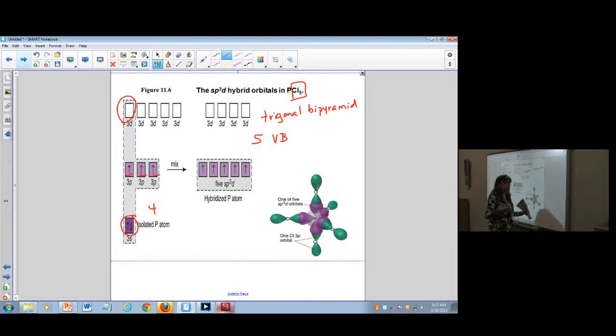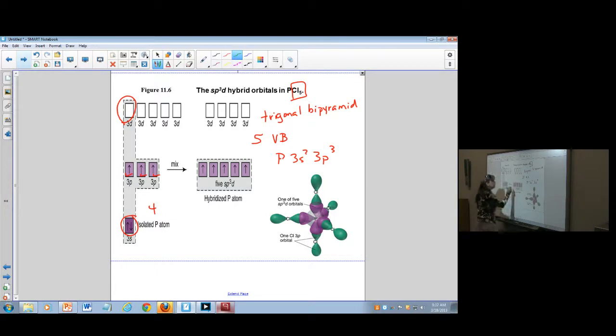The d orbitals are available from period 3 and beyond, so I should be able to do that here. Phosphorus in period 3 is 3s2, 3p3, which means I'd only be able to make 3 bonds in those p orbitals, and I need to be able to make 5.